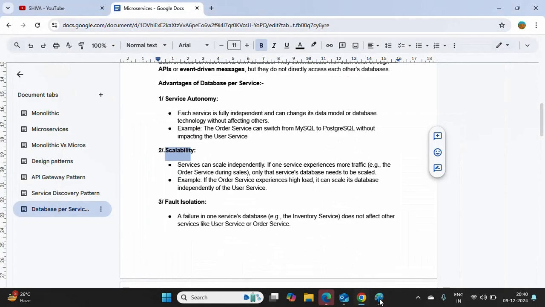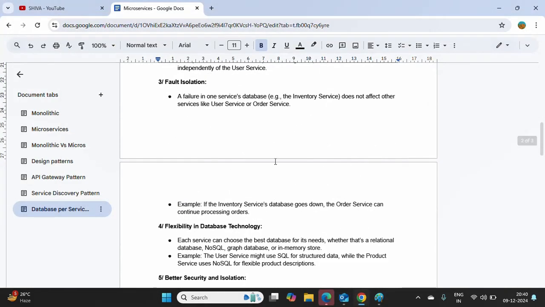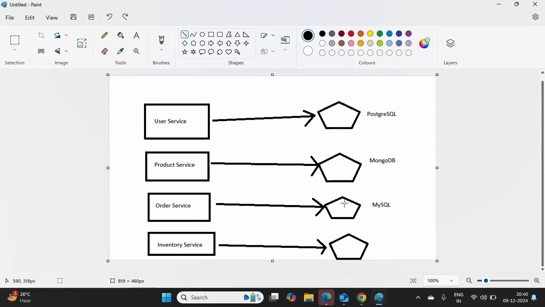That is possible. Next one is fault isolation. Isolation means, if you suddenly face any failure in this database, it won't affect the remaining things, it only affects the respective service. Maybe I have an issue in this service and it is not responding.